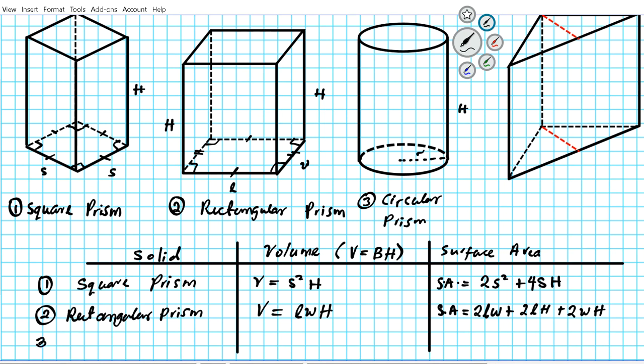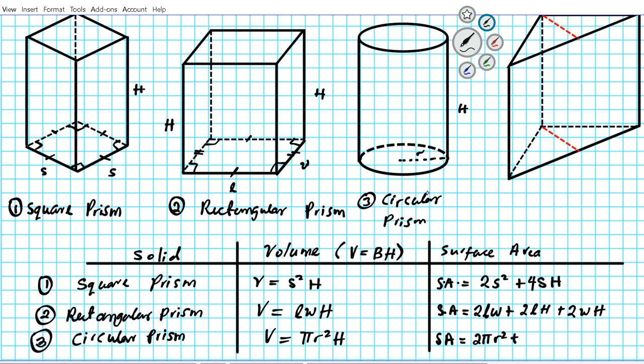Okay, so for number 3, our circular prism, the volume is going to be big B times h, area of the base, which is a circle, pi r squared, times the height h. Alrighty? And then surface area, the top and the bottom is just 2 circles, so 2 pi r squared. It's a closed cylinder, okay?